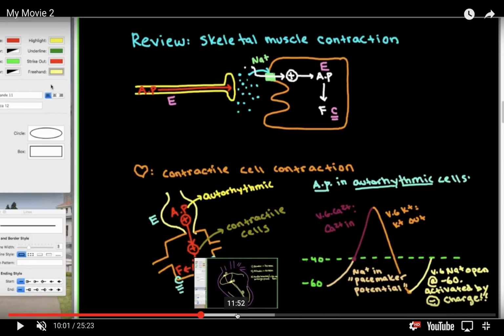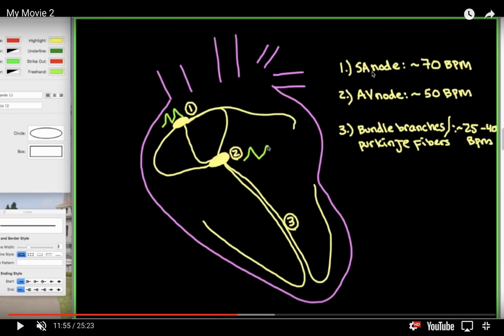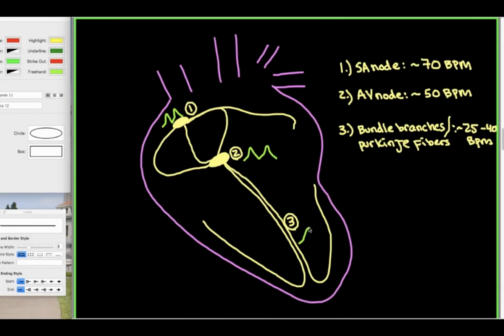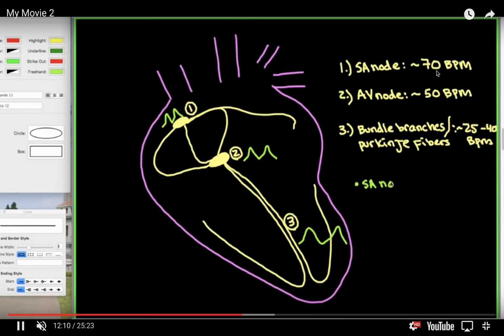But we'll notice that depending on which autorhythmic cell you are, whether you're here, here, or here, you can fire those action potentials more quickly if you're in the SA node. You can fire them more slowly if you're in the AV node. And you'll fire them even more slowly if you're in the bundle branches or in the Purkinje fibers. And that's why the SA node tends to be called the pacemaker of the heart, because it's the one that will generate the fastest rhythm.